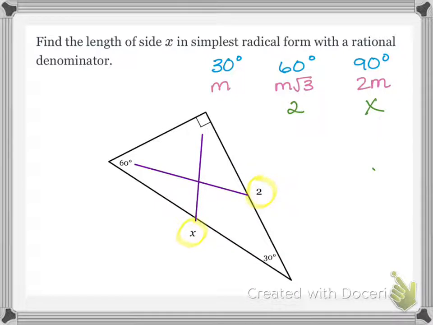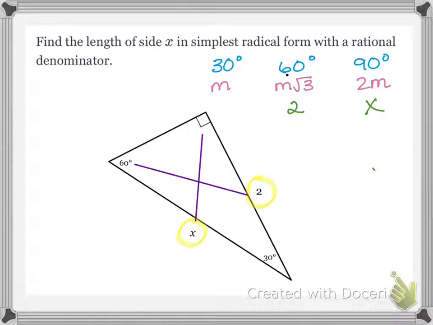Once you have established that, you are going to set up two equations, using the given and find values that you have right there. What do I mean by that? I'm going to come over here to the left and write down two equations.